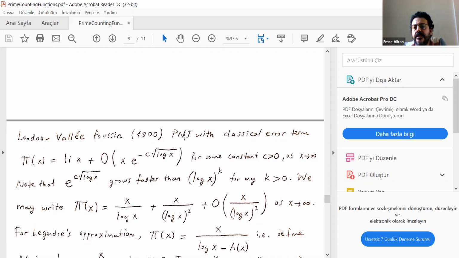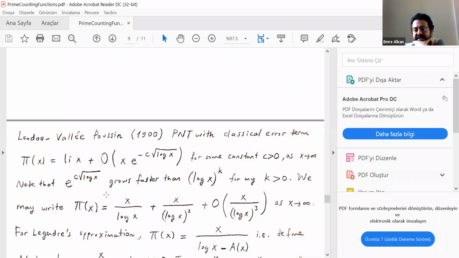So you see the PNT with classical error term really allows us to get secondary terms, or as many terms as we want, in this approximation. So we get, for example, an asymptotic formula, a much better formula as x goes to infinity. Now we see something that we didn't know before.